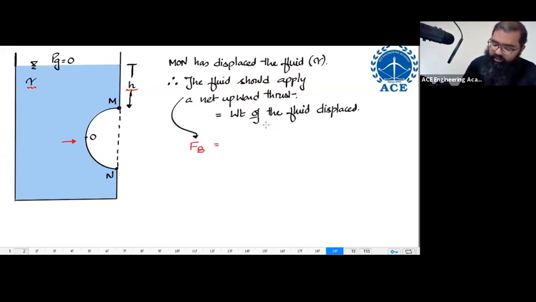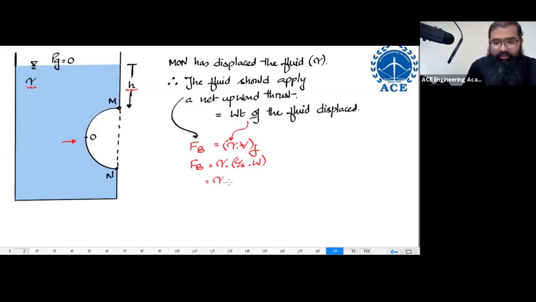It should be equal to how much? It should be equal to the weight of the fluid displaced. Therefore, gamma into volume of fluid displaced. I can say volume is cross section times width. Now, how much volume? Imagine this is a solid body.